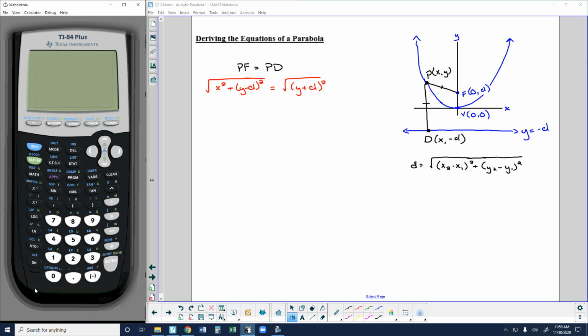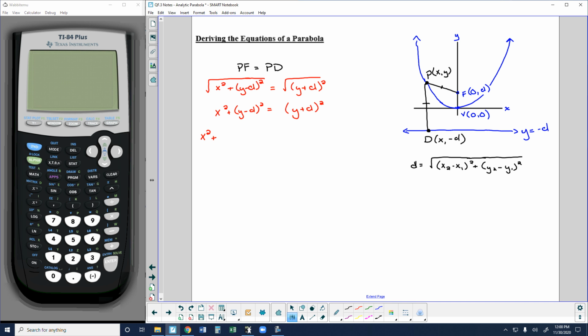So what I'm going to do here is simplify this equation, noticing that both sides have a square root. I'm going to square both sides. So if I square both sides, that's going to leave me x squared plus y minus d quantity squared equal to y plus d quantity squared. Now I'm going to multiply out these sides. So x squared is going to stay the same.